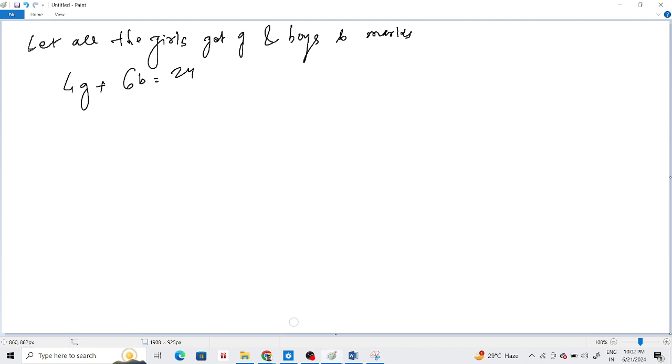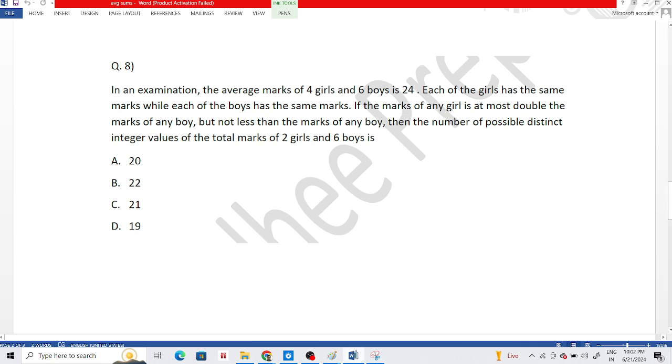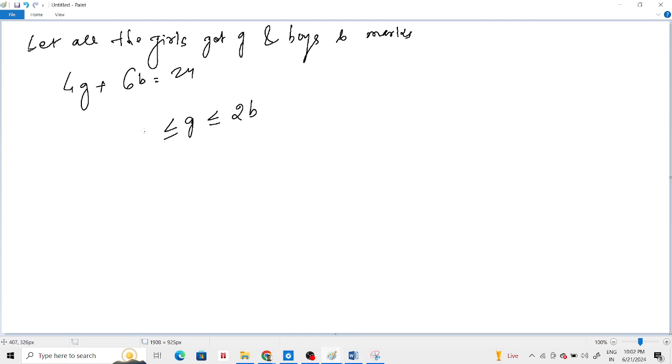The girls' marks is at most, means less than or equal to, double of the boys' marks, okay, but not less than the marks of any boy, that means greater than or equal to B. So the marks of girls, G, lies between the marks of a boy and two boys, okay.